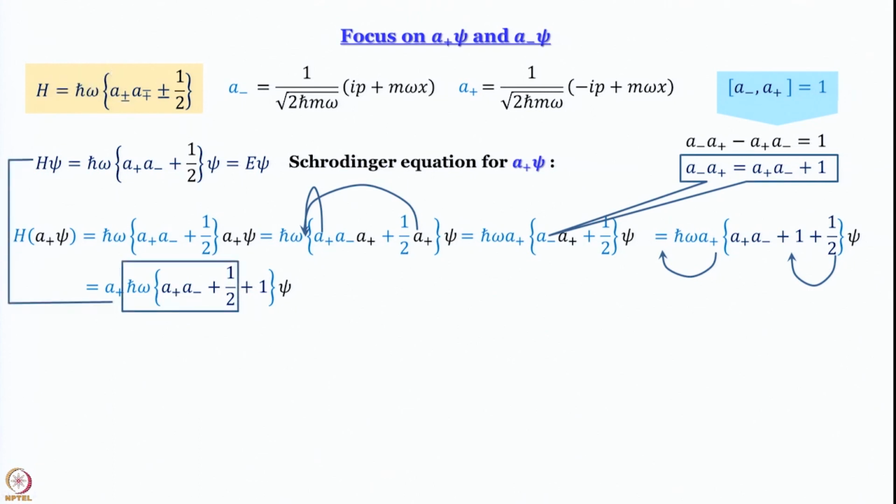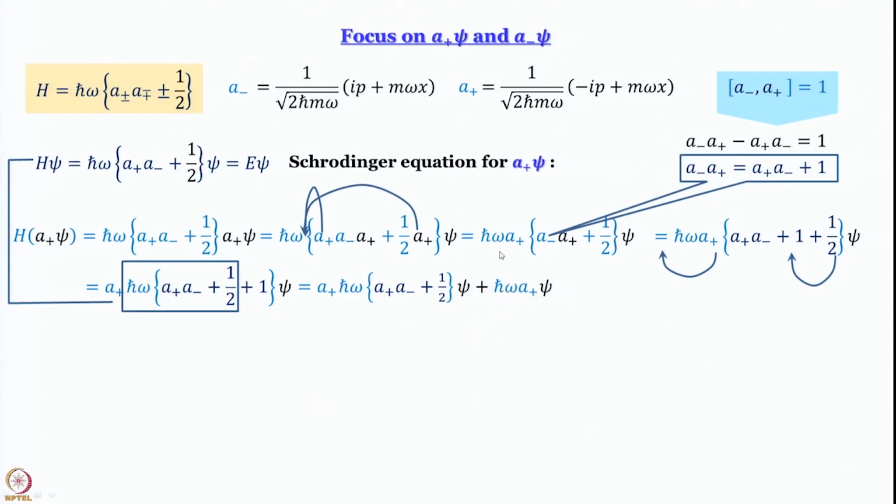So, we just break into two terms. First one is A plus H cross omega multiplied by (A plus A minus plus half) operating on psi. So, this is the Hamiltonian plus H cross omega A plus psi.